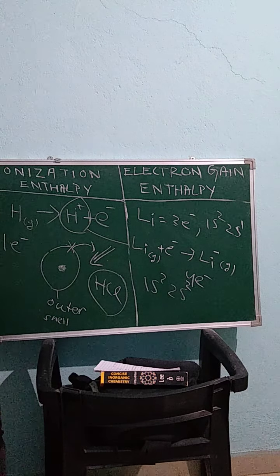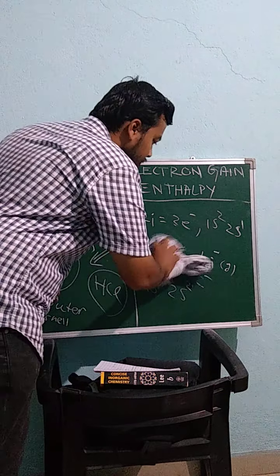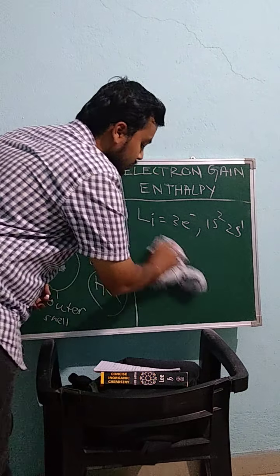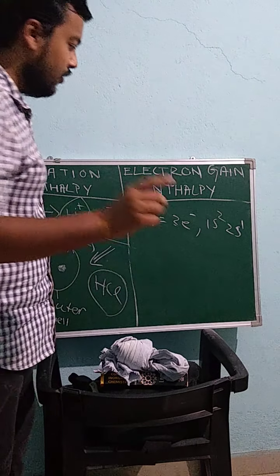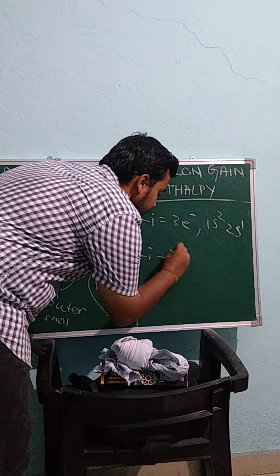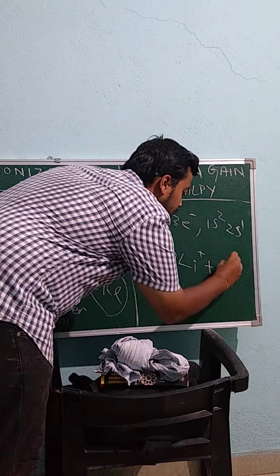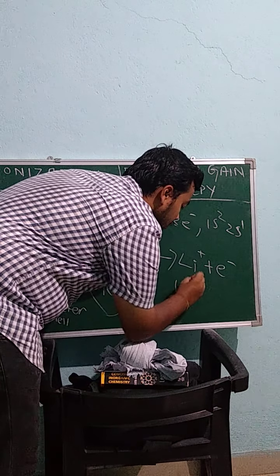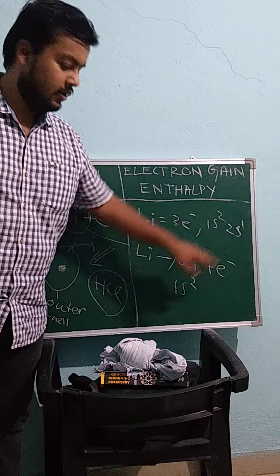But if lithium loses 1 electron, then the electronic configuration will be 1s2, because we are removing this 1 electron.